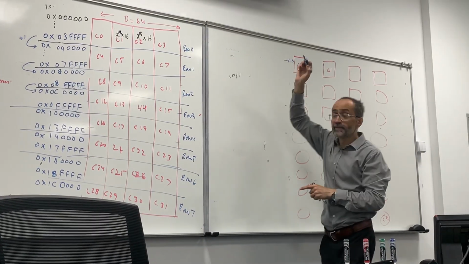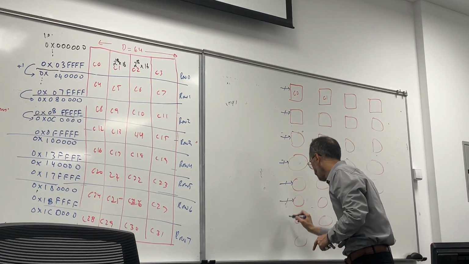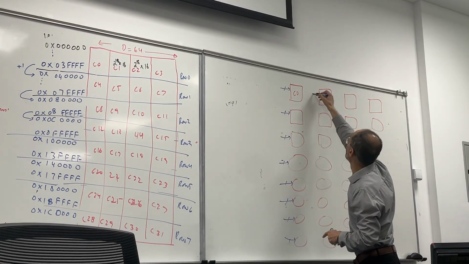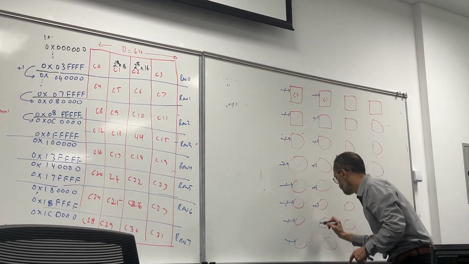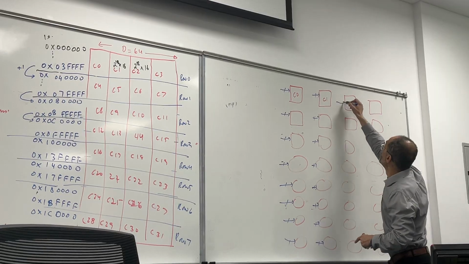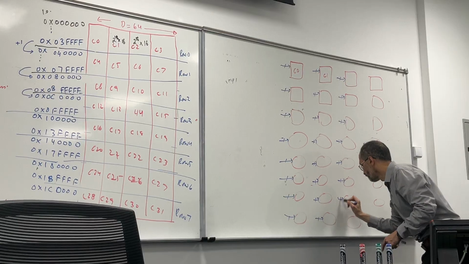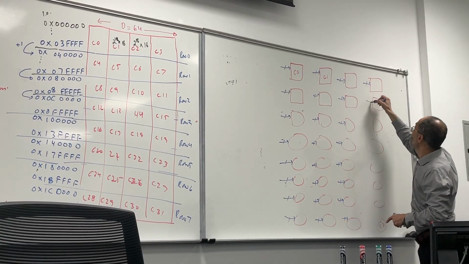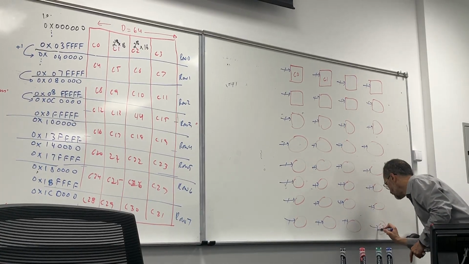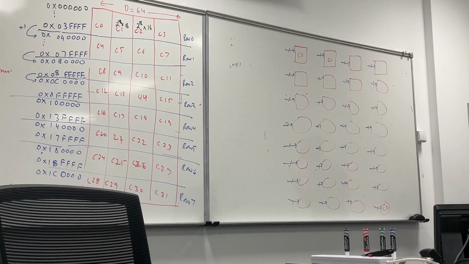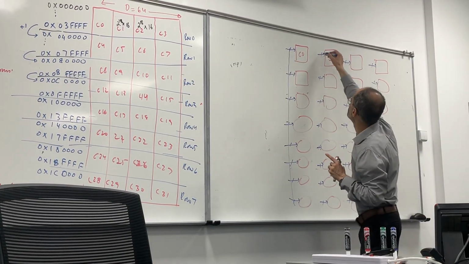Please remember, this is A, the red color is A. These will be 18 lines, so all of these lines are 18 bits.